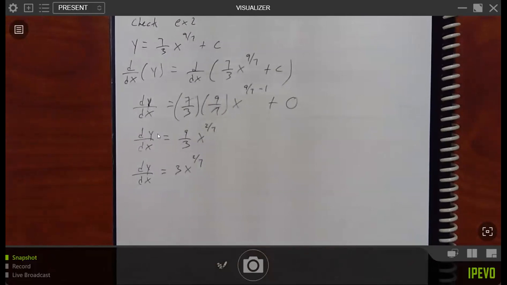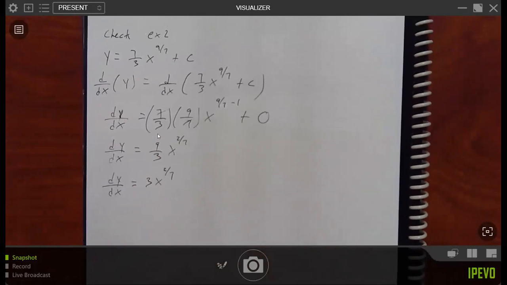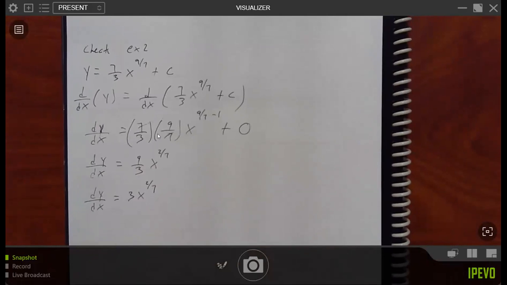So you can always take a derivative to find out if it's true. Any questions on example 2?